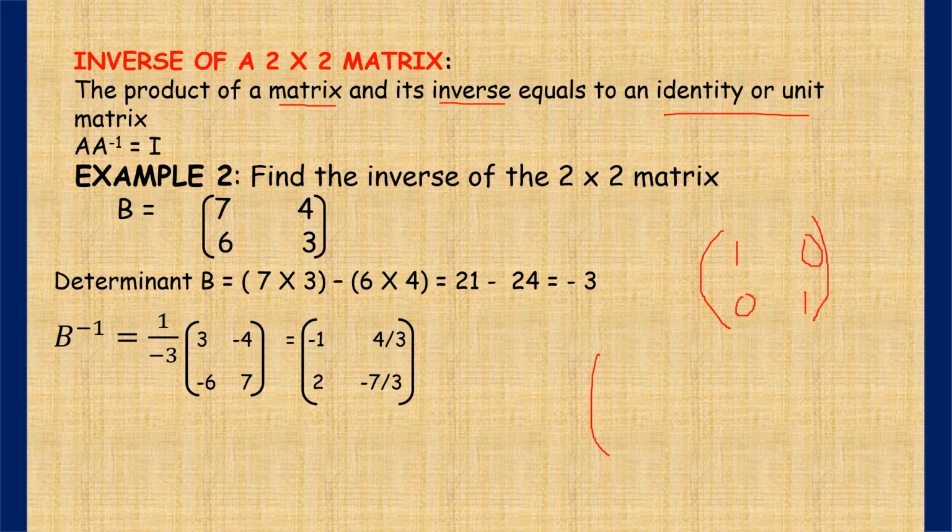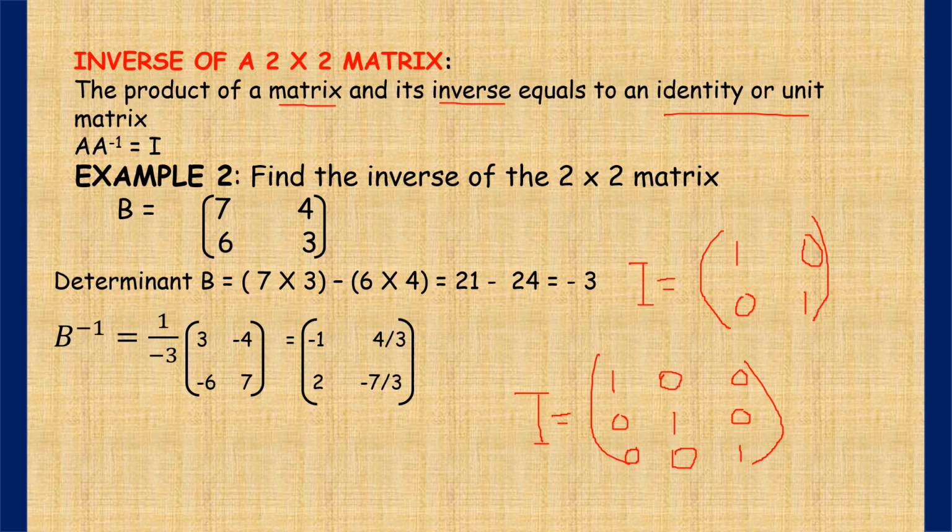But for 3 by 3, you have 1, 0, 0, 0, 1, 0, 0, 0, 1. This is for a 3 by 3 matrix. So we call it identity matrix I for 3 by 3. And this is identity matrix I for 2 by 2.